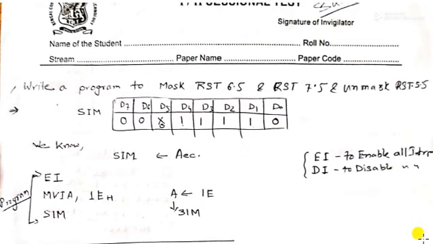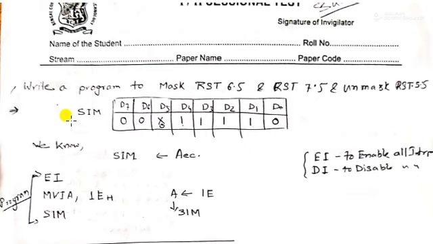So we all know the full form of RIM and SIM. RIM means Read Interrupt Masks, and SIM means Set Interrupt Masks. That means here we will be masking and unmasking, or reading unmasked and masked interrupts, using the SIM and RIM instructions accordingly.